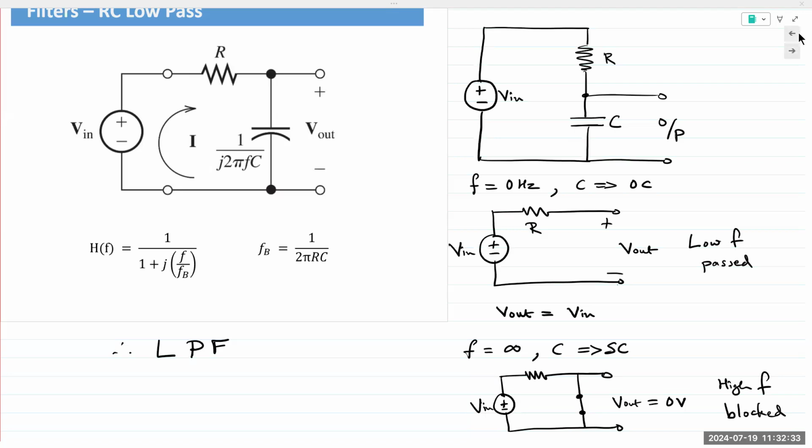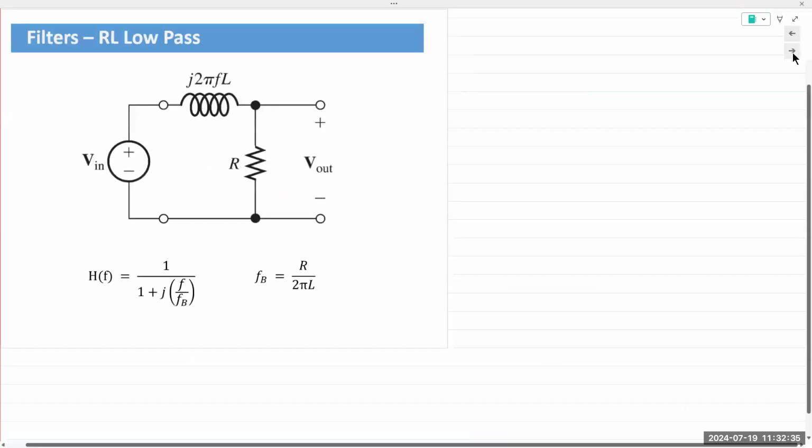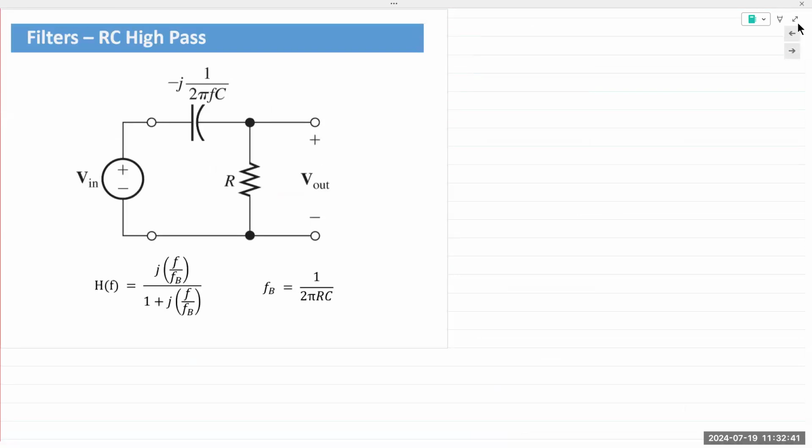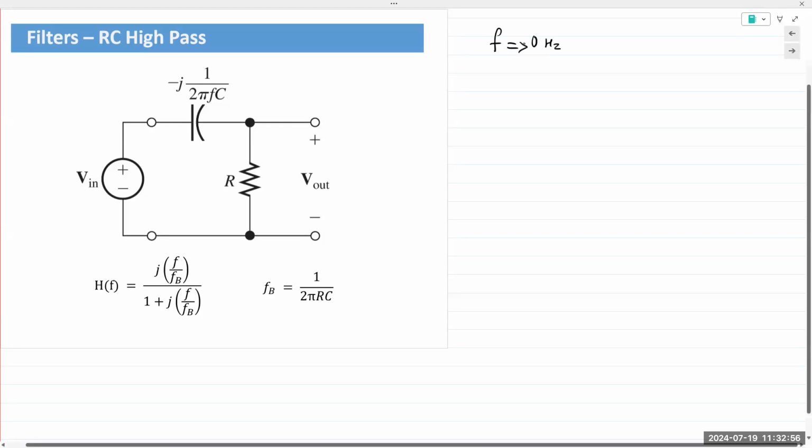Okay. Then let me show you what happens if you take the same circuit and you take the output across the resistor. So it is still the exact same circuit. The positions of capacitor and resistor are switched, but effectively it's still the same circuit. So now, as F tends towards zero, the capacitor is still behaving like an open circuit.